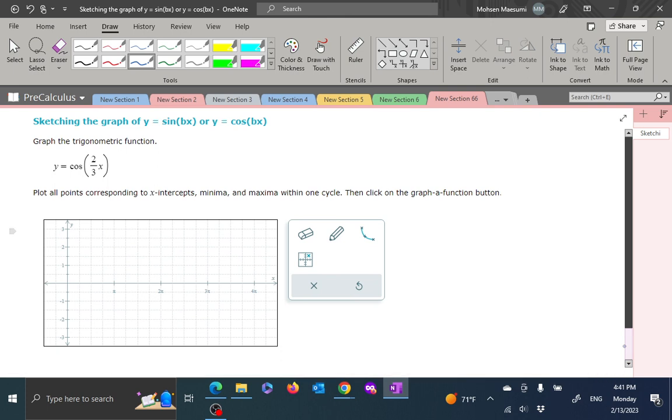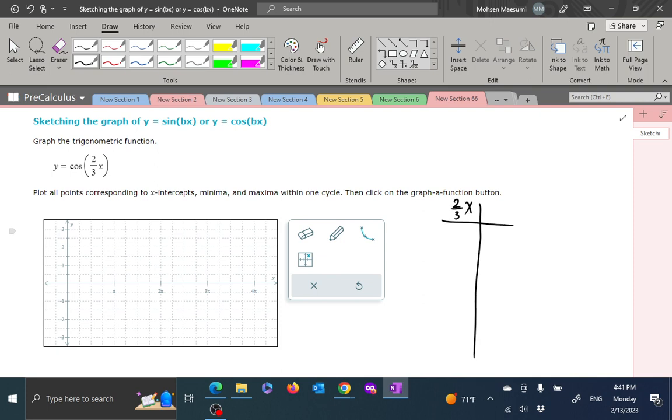So let's do it mathematically. We say 2/3 of x. Let's go through our comfortable angles. What is the cosine of these? We are taking cosine of 0, cosine of pi over 2, cosine of pi, cosine of 3 pi over 2, cosine of 2 pi. That's fine. The challenge is that you're not graphing it versus 2/3 of x. You're graphing versus x. So what is x?